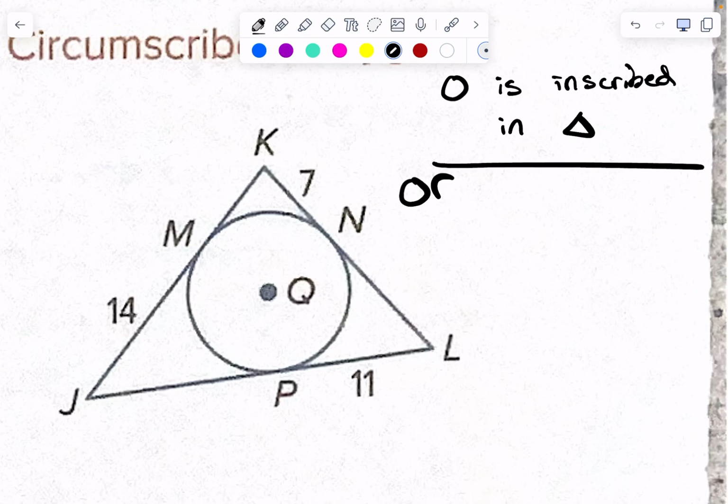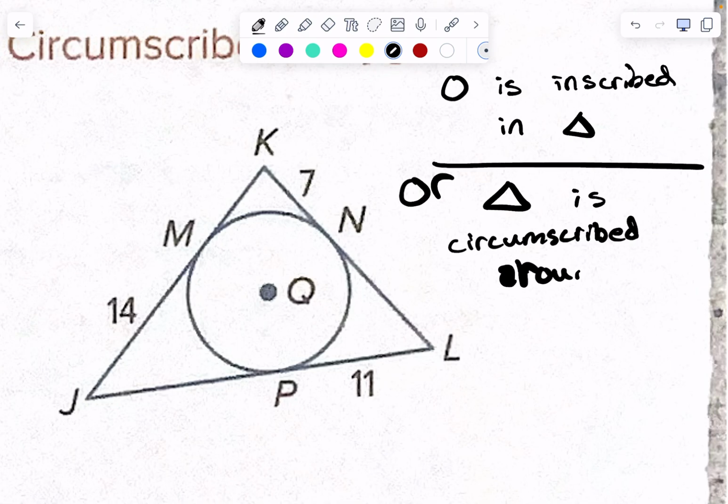Or I could say the triangle is circumscribed around the circle. I said that very slowly and made you all very uncomfortable. Both of those statements are correct. The circle is inscribed in the triangle, or the triangle is circumscribed around the circle.